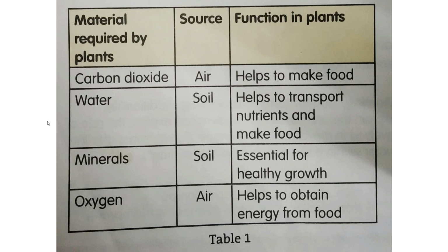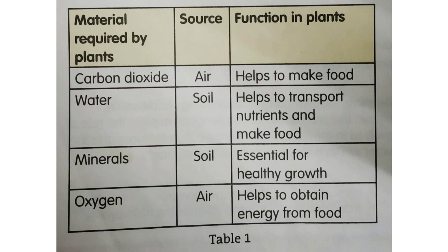So first the minerals and nutrients would mix with water, and then water being circulated inside the plant body, thus circulates the nutrients. Then minerals are essential for healthy growth, like nitrogen, potassium, phosphorus. All these elements are very necessary for healthy plant growth, and plants absorb all these minerals and elements from the soil.